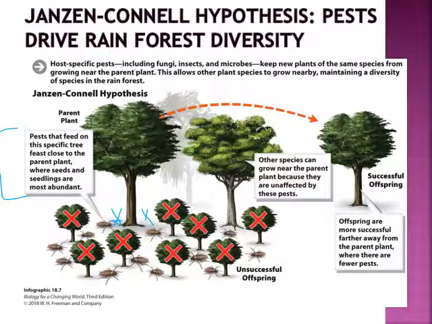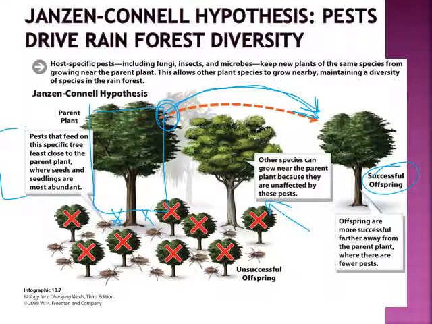So essentially what happens is these guys usually have some sort of seed that can be carried really, really far. Some of them burst and shoot out hundreds of feet. Some of them are carried kind of randomly and by luck, by wind, depending on what it is. But essentially, the way that you get more biodiversity is by developing different reproductive methods like this that keep them spaced far apart. So even if this tree over here gets a lot of pests near it, it's not going to affect the successful offspring because they have other trees in between that are not affected by these pests, right?